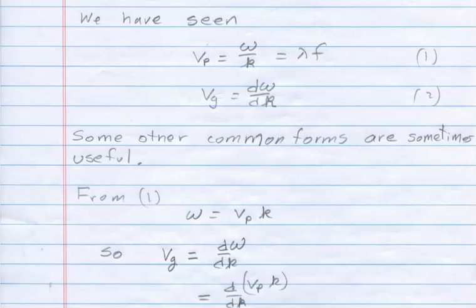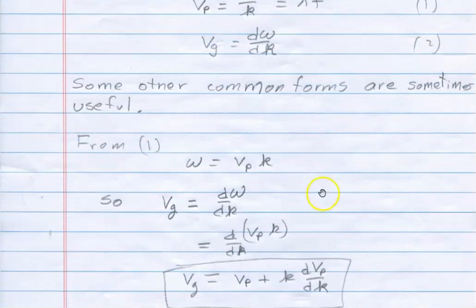From equation 1 up here, you can rearrange that to see that omega could be written as Vp times k. And then you could use that in equation 2. Just plug in for omega this Vp times k, and then take the derivatives, realizing that the phase velocity Vp may actually depend on k as well.